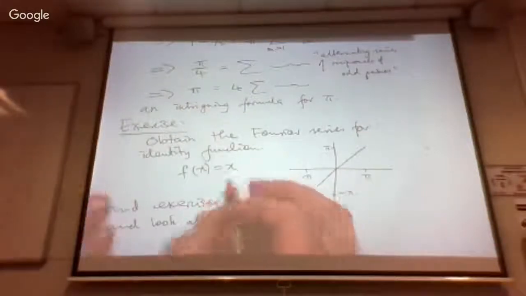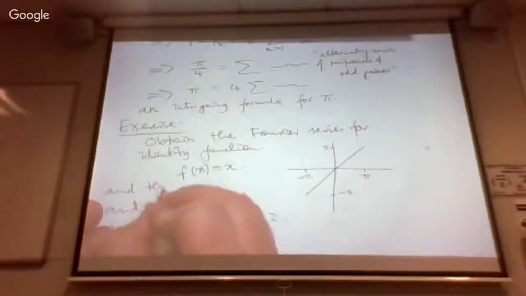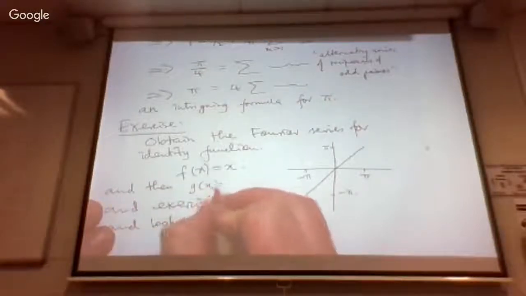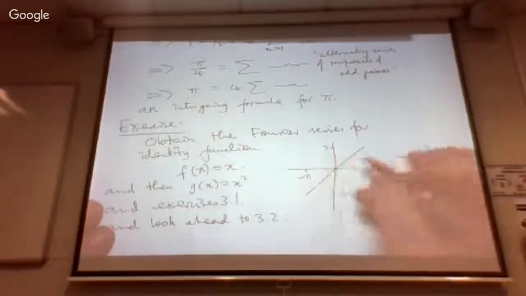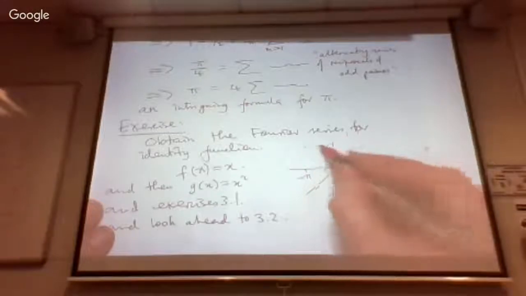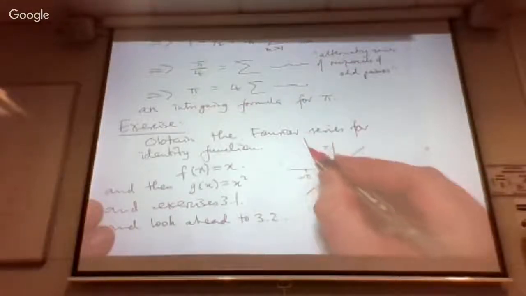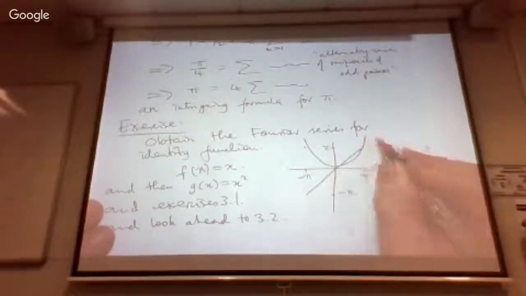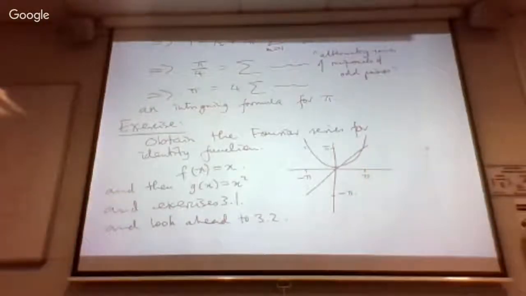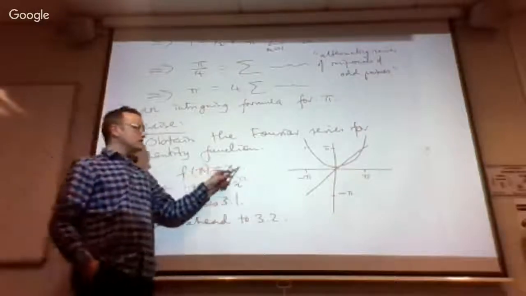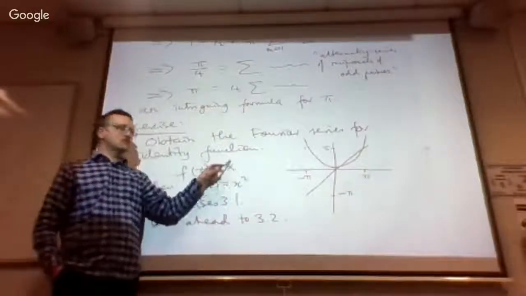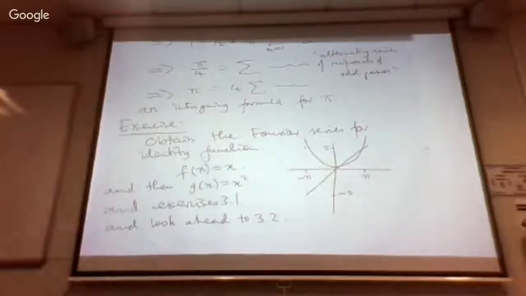And if you do this one, then try g of x equals x squared. We'll look at some of the powers of x. You're getting infinite expansions of these functions in cosine and sine.